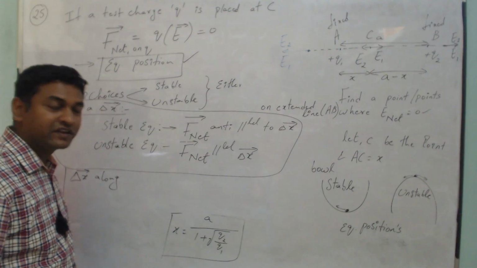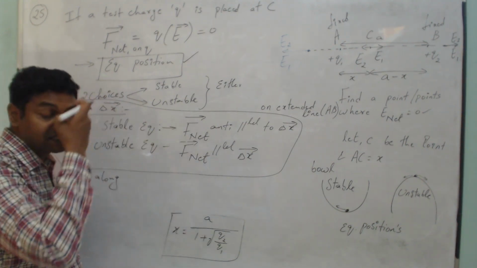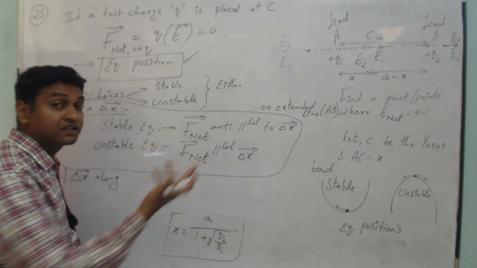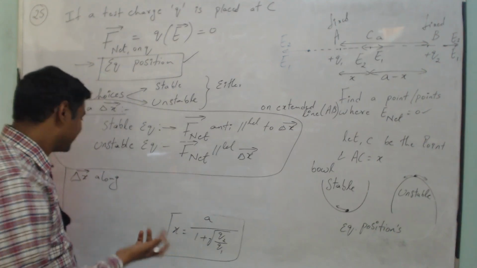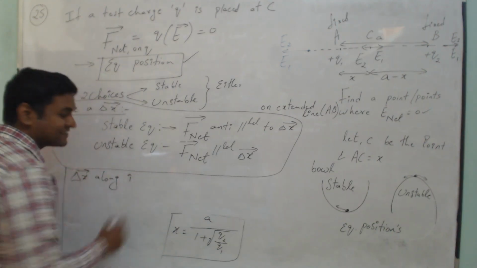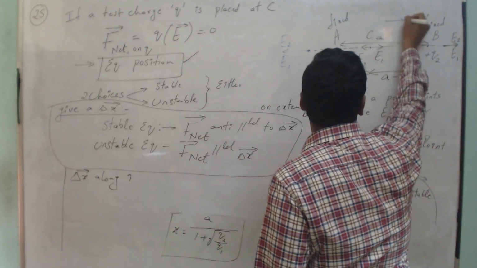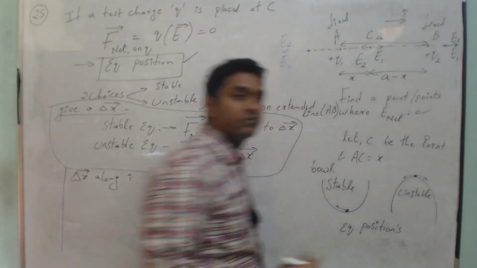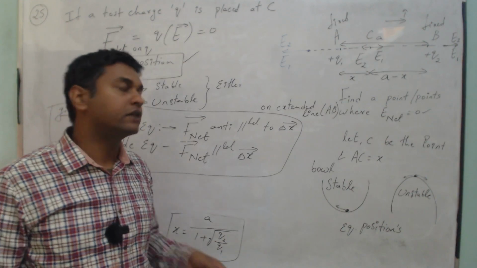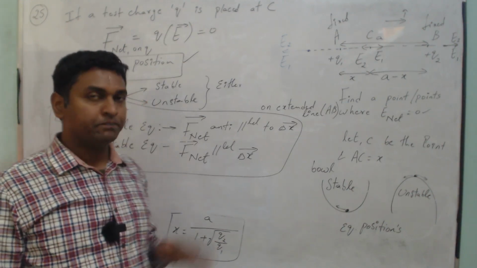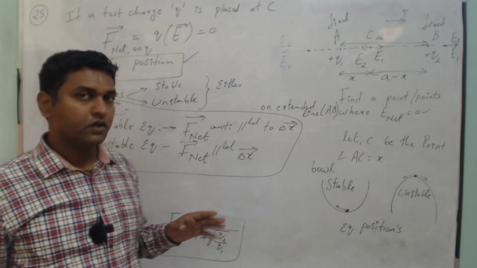Then we will know what is happening. If we only give everything, that is dictatorship. So let us say delta x bar is along i cap, where i cap is in this direction. And now understand the net force.